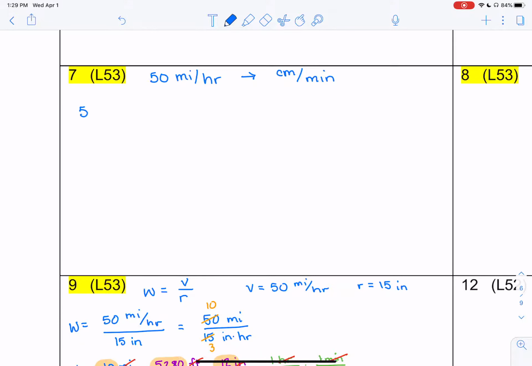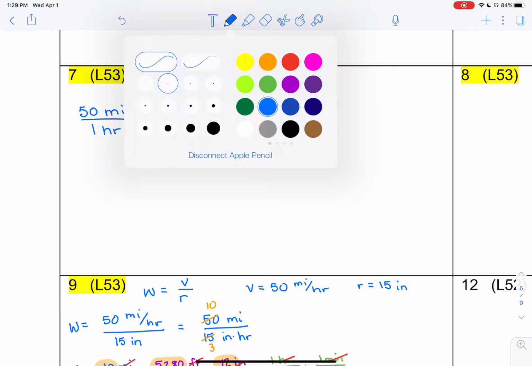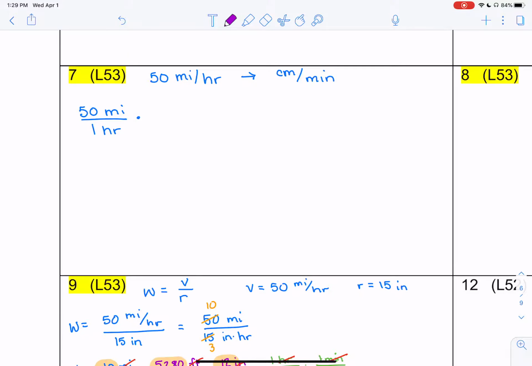I start by writing out 50 miles over 1 hour, and I'm going to convert first my miles, my distance, and then I'll convert over my time. So for every 1 mile, that's 5,280 feet.